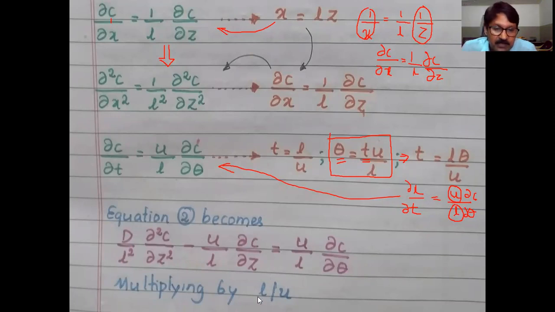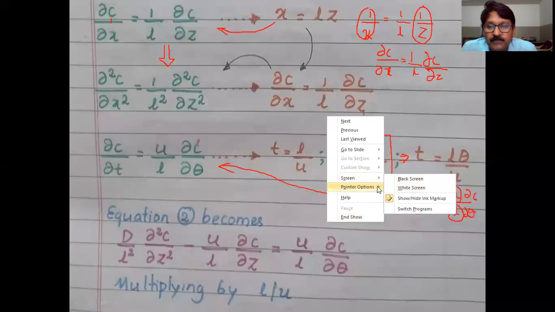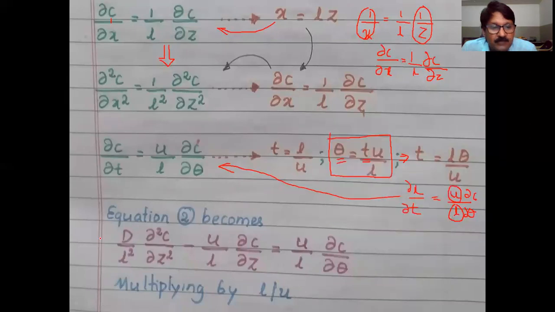After writing this, multiply this equation by L by u. So therefore I'll multiply it here, L by u, L by u, L by u.